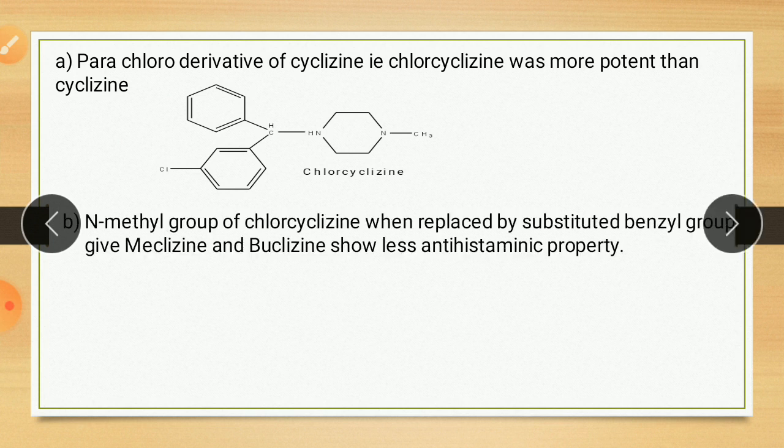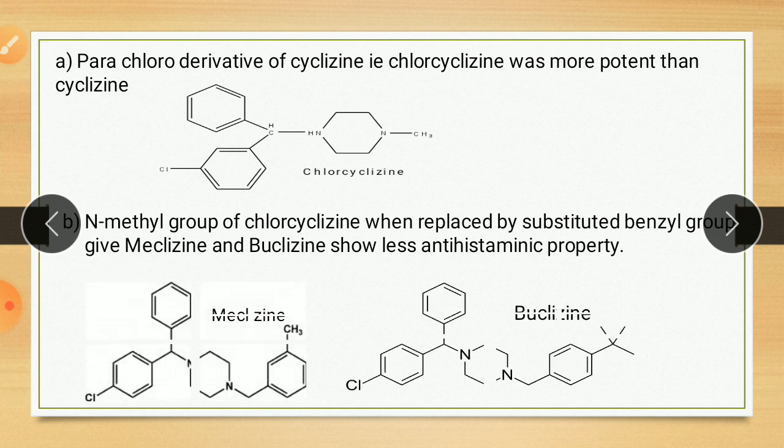Then when the N-methyl group of chlorcyclizine is replaced by a substituted benzyl group, it gives meclizine and buclizine, which show less antihistaminic property.